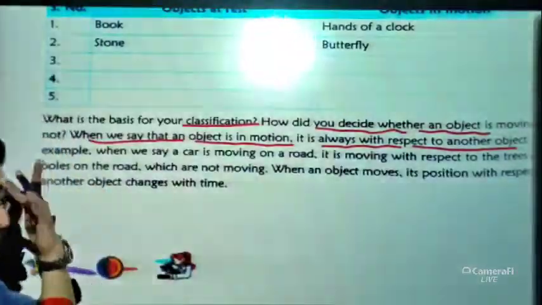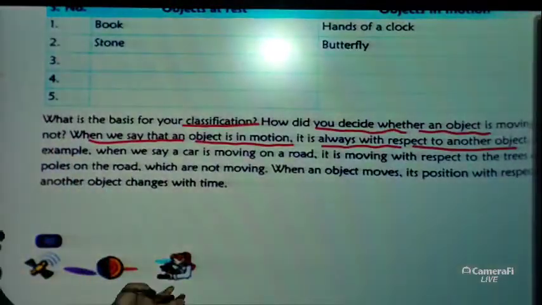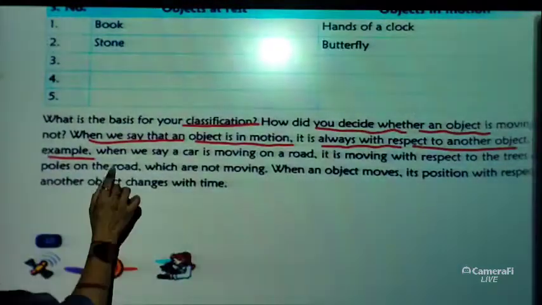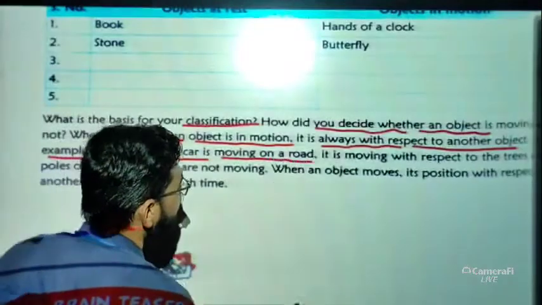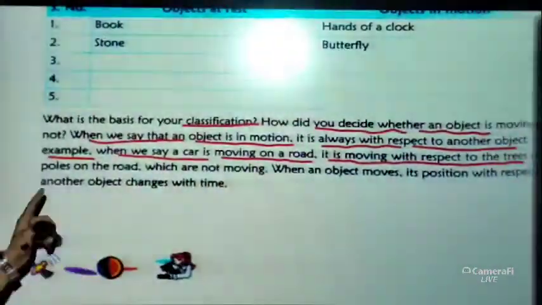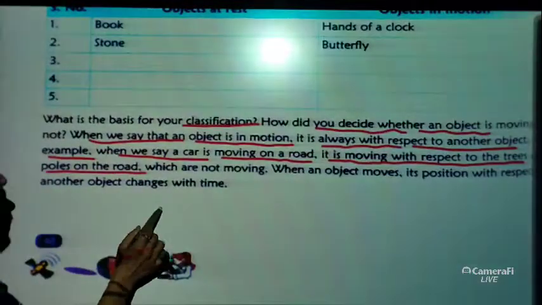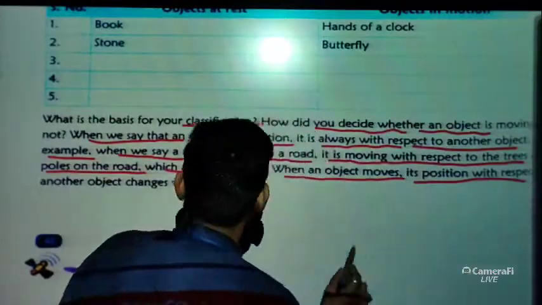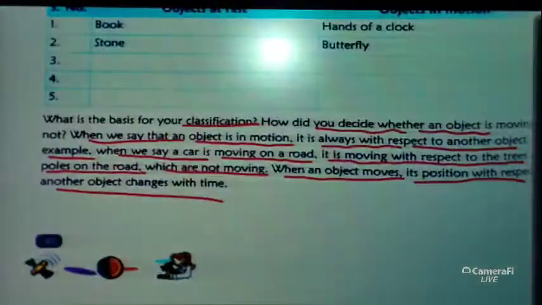Obviously we have to take a reference. Let's take an example: when we say a car is moving on a road, it is moving with respect to the trees and poles on the road, which are not moving. When an object moves, its position with respect to another object changes with time.